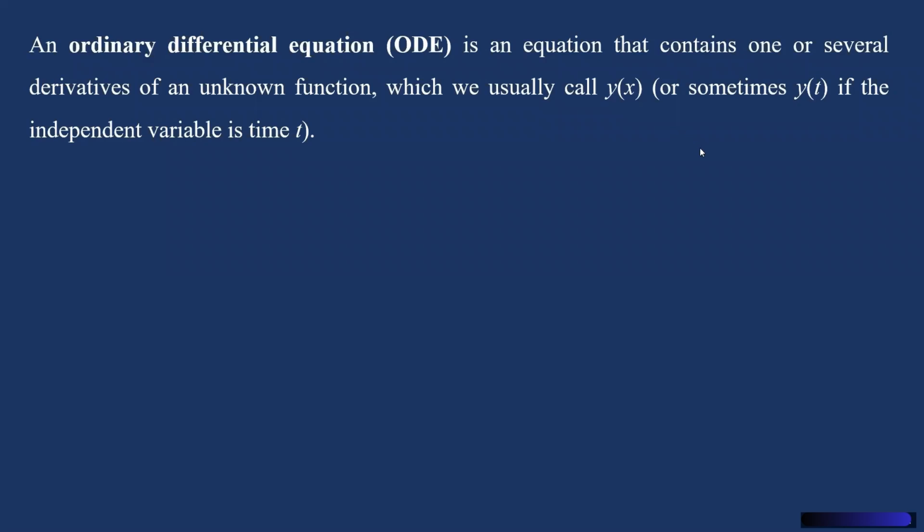You may have dy by dx or even higher derivatives like d squared y by dx squared in the given differential equation. When you have the derivatives of only one unknown function with respect to one independent variable, we call such a differential equation an ordinary differential equation, right? So look at this example.